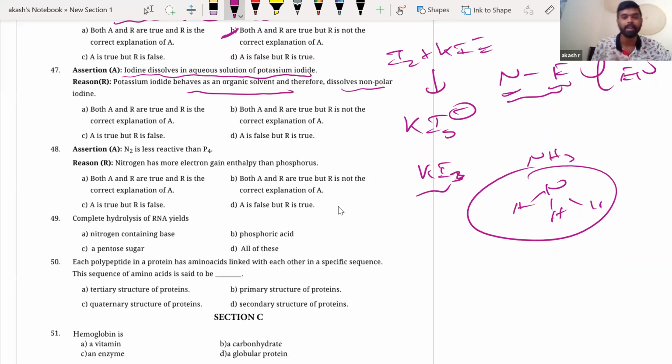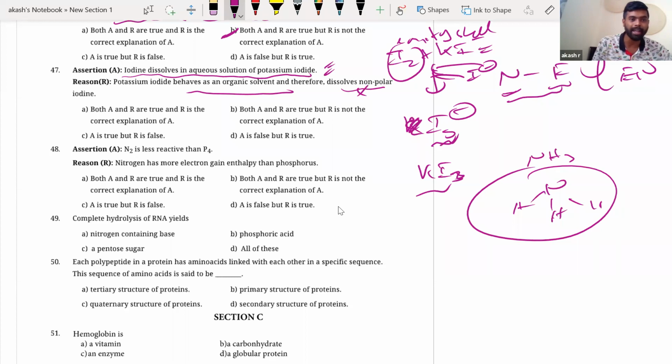No. Why it happens is because I2 still has empty shells, so it can accommodate one more I minus. It can accept electrons from I minus to form I3 minus. That is the reason. So the assertion is correct. The reason is not correct, because potassium iodide is not an organic solvent. It is a normal inorganic solvent. So A is true, but R is false is correct.